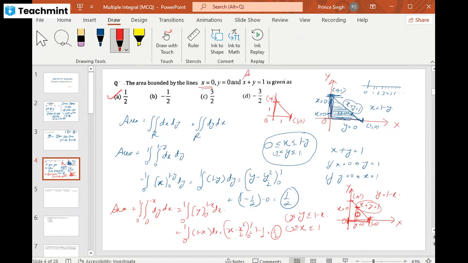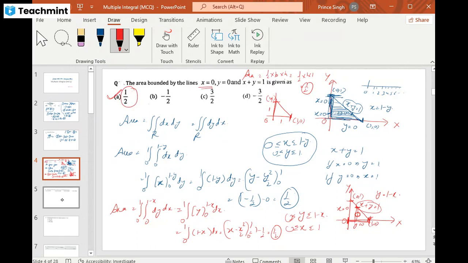Because the region is a triangular region, area is half base into altitude. So base is 1 unit, altitude is 1 unit, so 1 by 2 into 1 into 1. So the answer is 1 by 2. So with the help of the direct area formula also, we can get the area and the answer is 1 by 2. Okay. So we can use any one of the methods to find the area of this region.